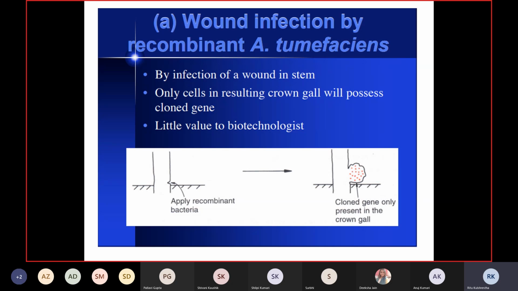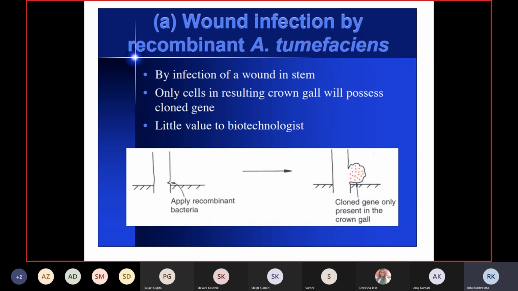What I can do is use promoters which are specifically expressed in a particular plant part. There are some root specific promoters, some leaf specific promoters, some shoot, some, let's say, stamen specific promoters. So I have that option.